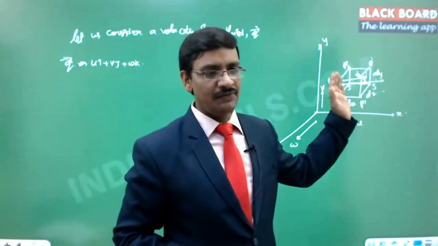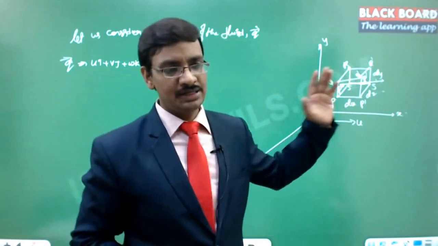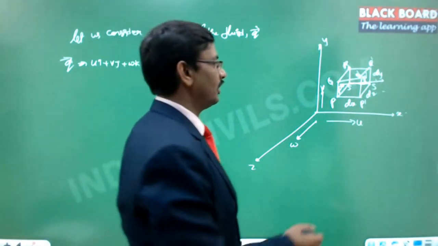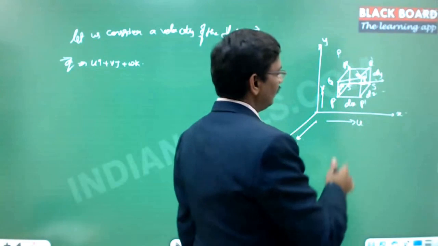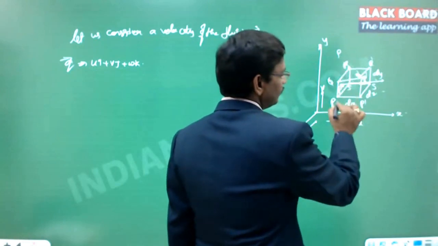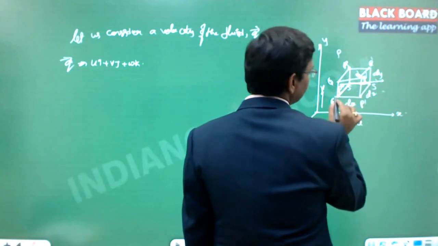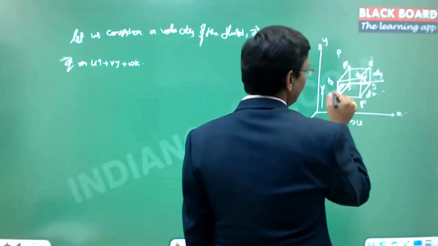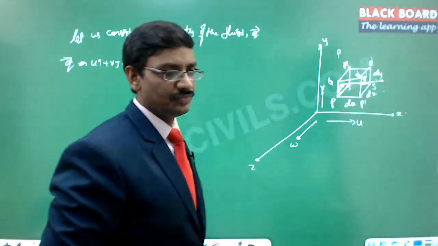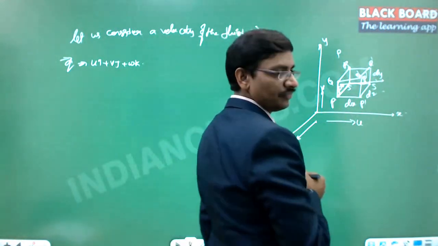Now let us say it is entered at point P, then the amount of the fluid that is going in, so this is having a density of rho, and the area of cross section of this is the surface area, so this is of dz and this is of dy. So dy dz is the area of cross section, and then fluid is having a velocity of u here.